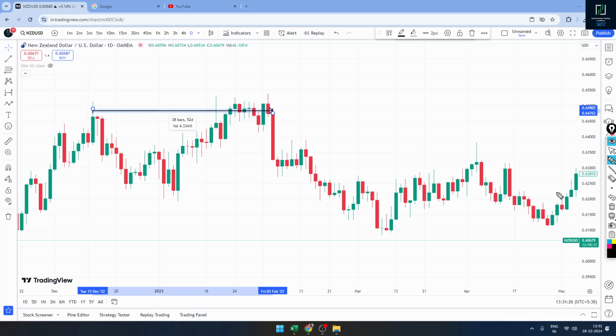Now you can also predict this based on the up movement: the market reached this level, was not able to break it, went down, so it came back and reversed. You can do multiple interpretations, but after 38 days the market reversed and went down.